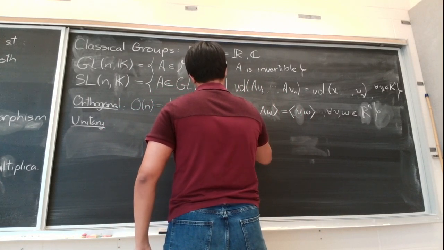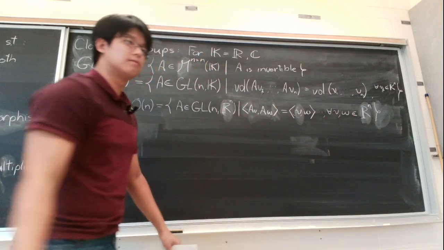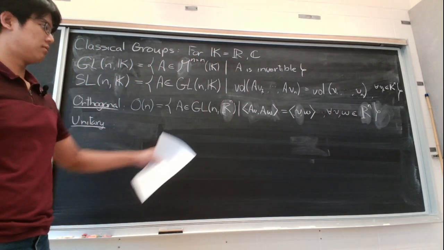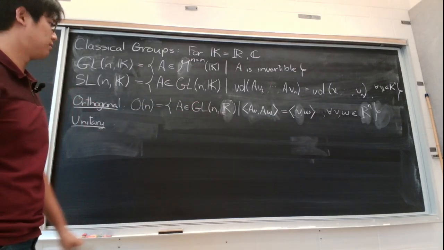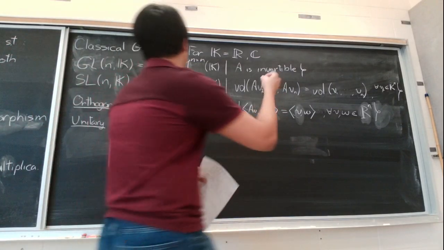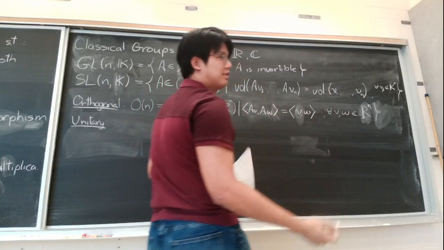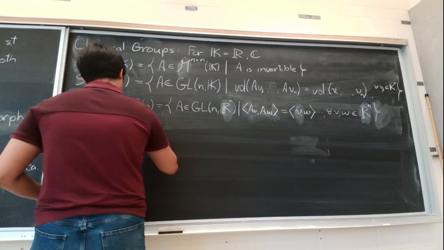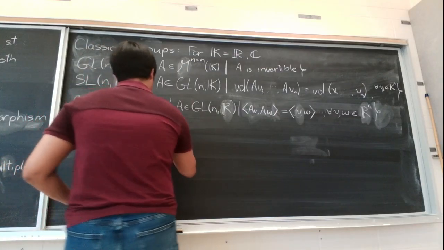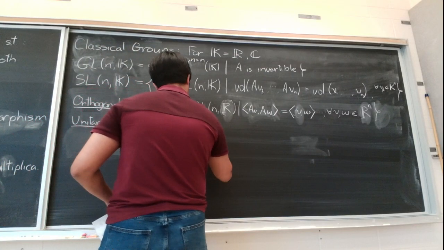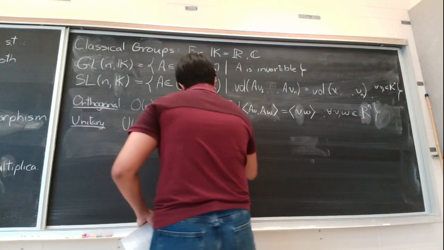That's right. In a second, he'll rewrite everything, and instead of saying the volume of that is equal to the volume of that, you'll get that the determinant of A is equal to 1, which is the exact same condition. Volume of V1 through Vn is just the determinant of a matrix with columns V1 through Vn.